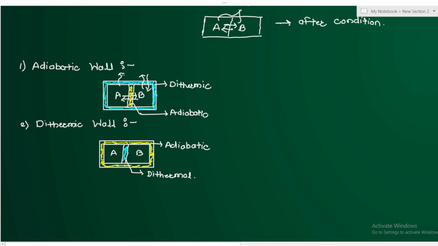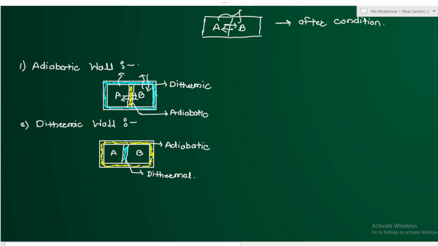At this stage, the system will transfer heat from A to B. What diathermic does is that it allows transfer of heat from A to B or B to A. So if A has the higher temperature and B has a lower temperature, after some time A will give heat to B, so they will be in thermal equilibrium. So this is diathermic wall.